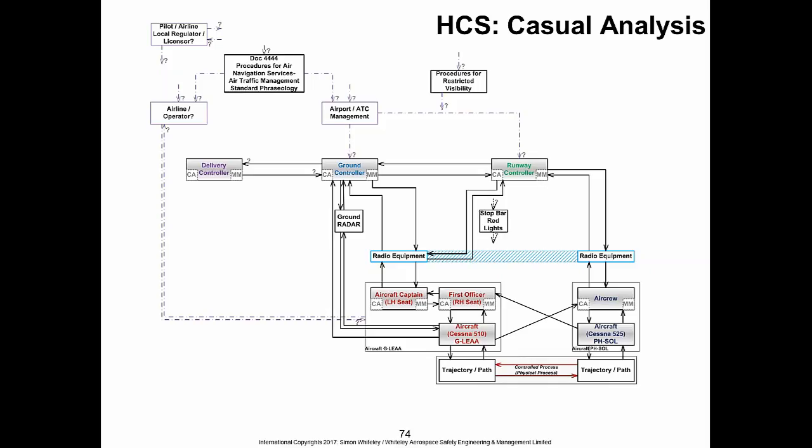And the reason I've done that is because when you do the CAST analysis and look at the interactions between those two controllers, there's some interesting emergent questions that come out with regards to crew resource management, how those crew behaved on the flight deck on that particular day, but also how the information, how the instructions from the ground controller reached the first officer so that they controlled the aircraft in the way that they did.